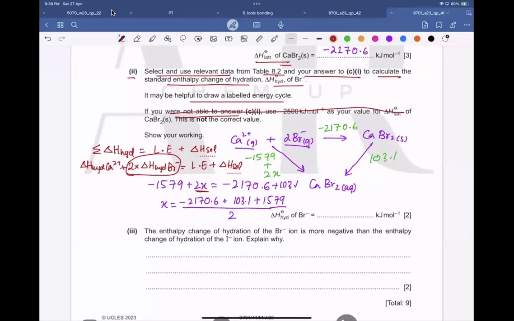Okay. So you guys are getting minus 244.25.